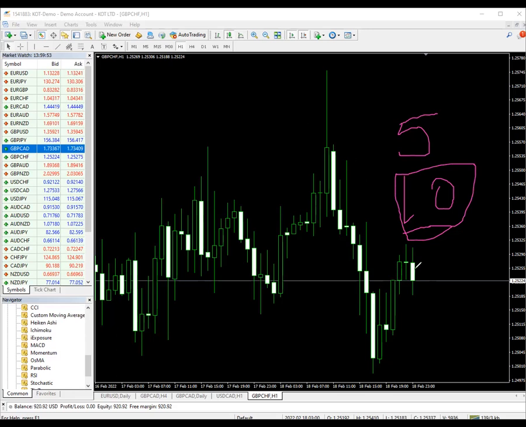So it's going to take this one, 10 of them, and do its calculation and give you the moving average, the average at which the price is moving. Are we good? So if your number is 50, it means it's going to calculate the last 50 candles, the closing price of the last 50 candles.